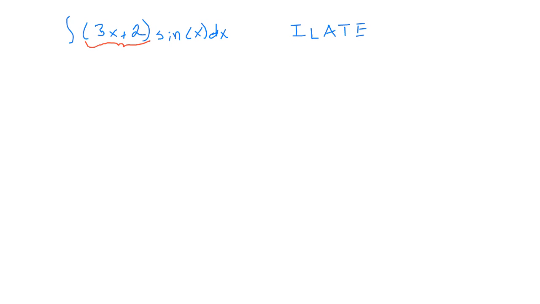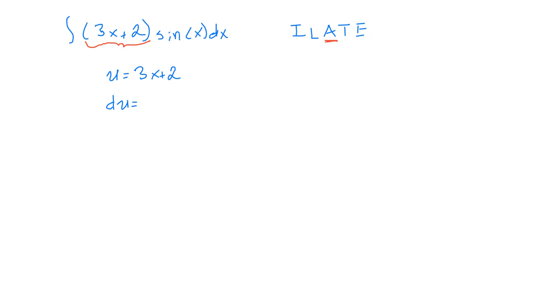That is a polynomial of degree 1, coming first. So we're going to choose that for u. We also have a trig, but that comes after in the acronym. So let's choose u to be 3x + 2, and then we calculate du.